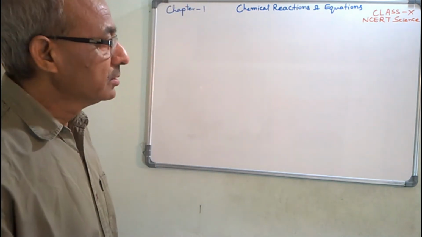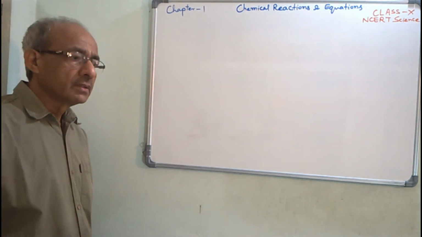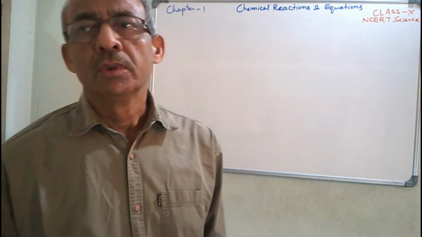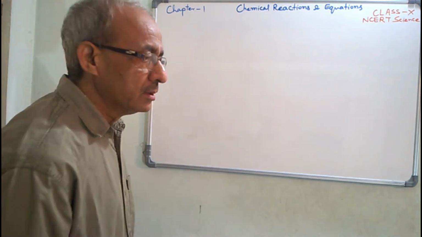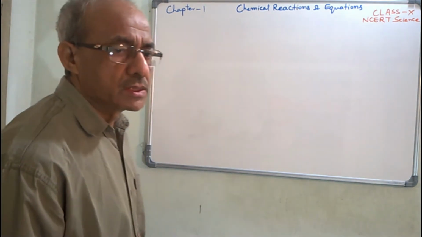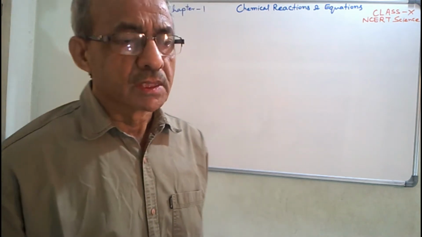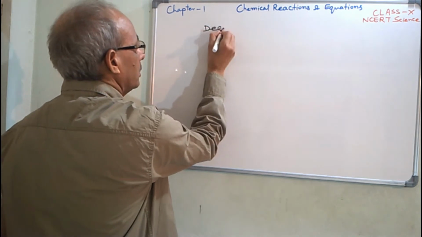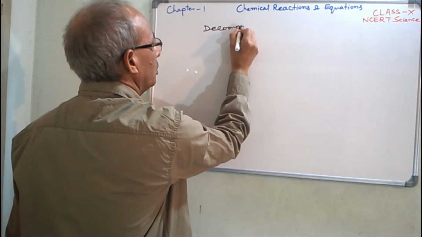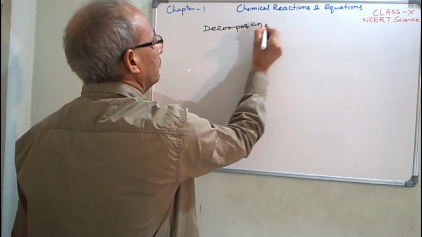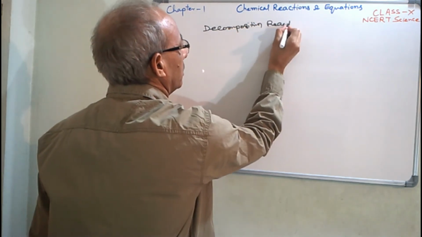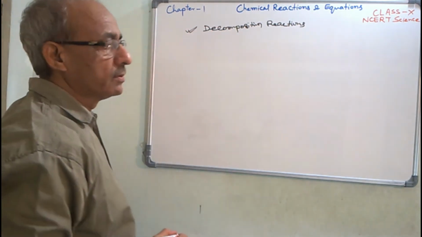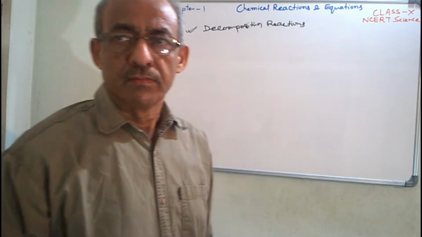In this chapter, we are studying chemical reactions and equations. During the last session, we started discussion on decomposition reactions. This is one of the important types of chemical reactions.